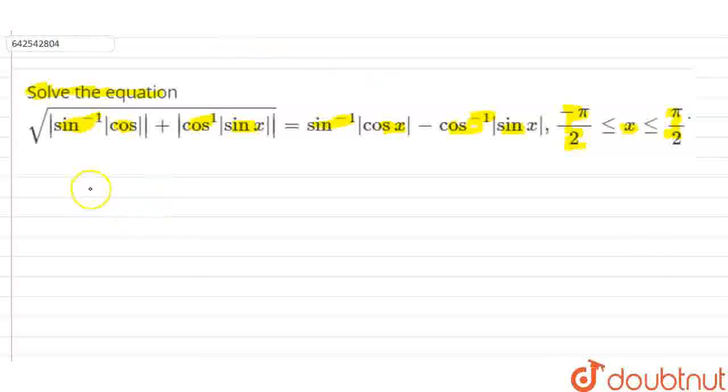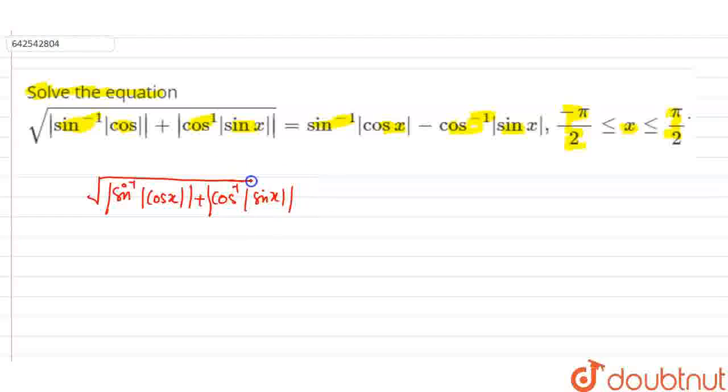So first of all, we have to write the condition which is given to us, right? So it is root of mod sine inverse of mod cos x, right? They both are in mod. Plus cos inverse, it is also in mod, sine x.